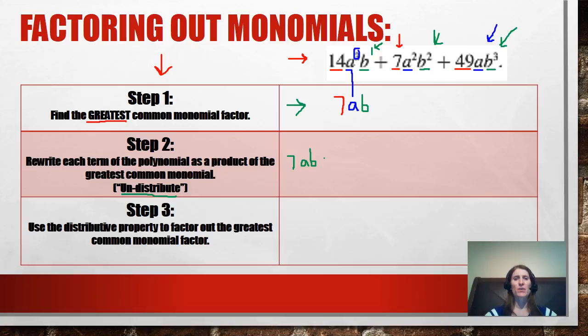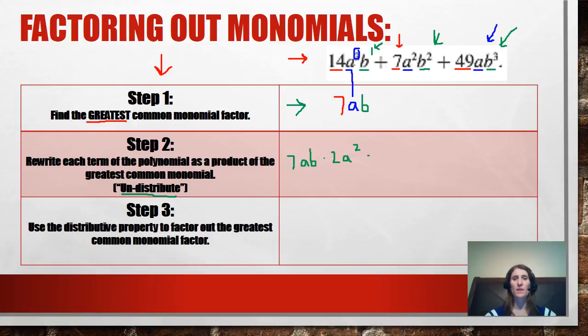And I'm going to say, well, that has to be multiplied by what in this first term? What's left in that first term? Well, if I take 14 and divide it by 7, I'm left with 2. You guys see that? If I take a to the third power and divide out 1a, really an a cancels, and so I'm left with a squared. And if I take out a b, there's no more b's left, so that's it.